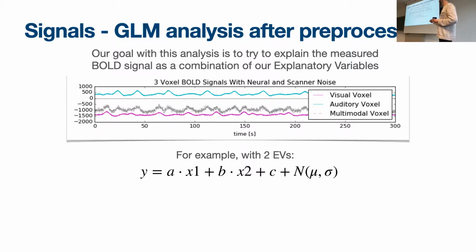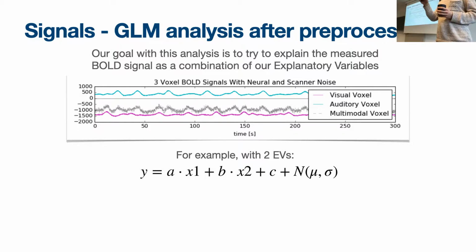So our data are some combination of this time course for vision, this time course for audition, plus an offset and noise. But how much this measured time course relates to vision and how much it relates to audition is given by these parameters A and B. And I'm interested in those, right? Because A will tell me how visual this voxel is, and B will tell me how auditory this voxel is.